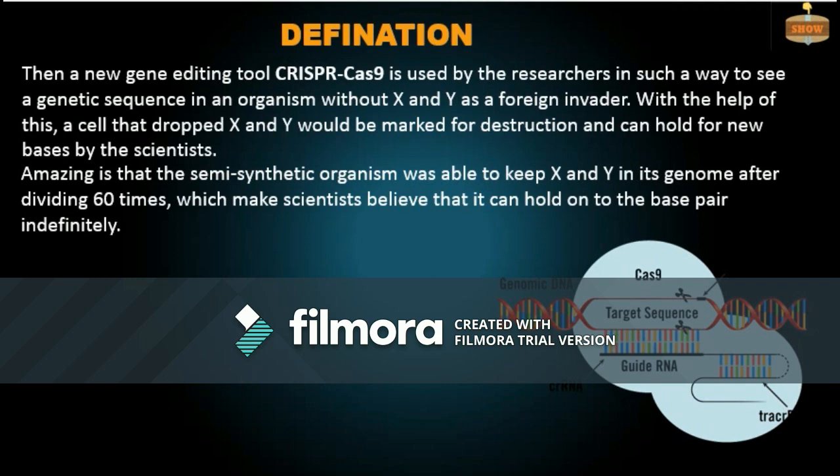CRISPR-Cas9 is used by the researchers in such a way as to see a genetic sequence in an organism without X and Y as a foreign invader. With the help of this, a cell that dropped X and Y would be marked for destruction and can be held for a new basis by the scientists.